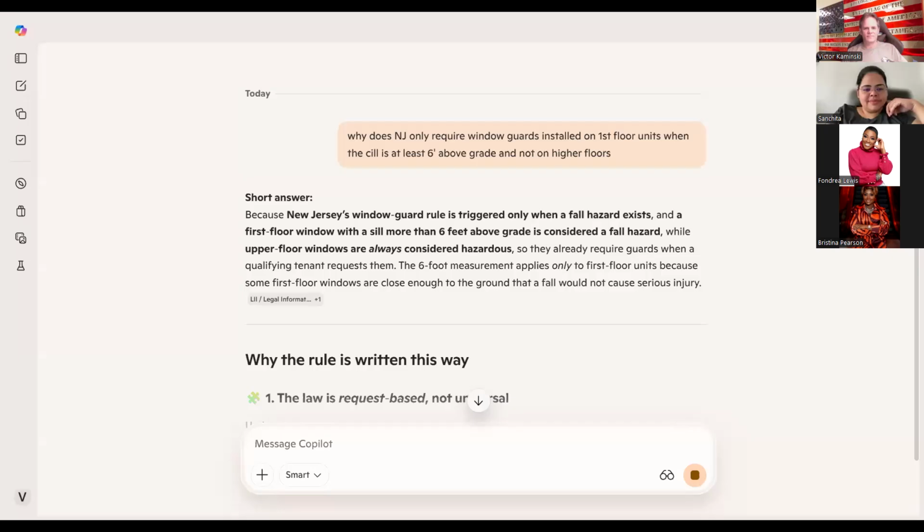Let's see what AI tells us. It's thinking, it's thinking. So you see what I typed there?